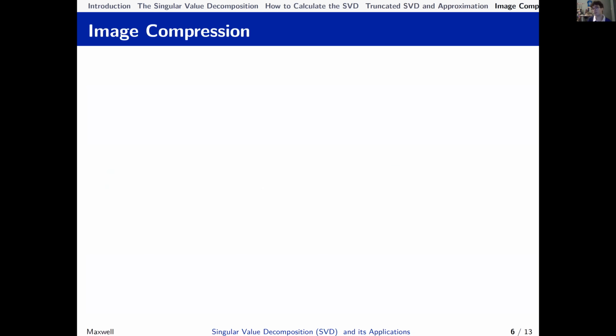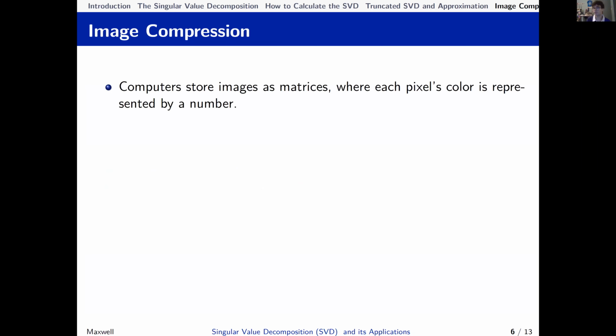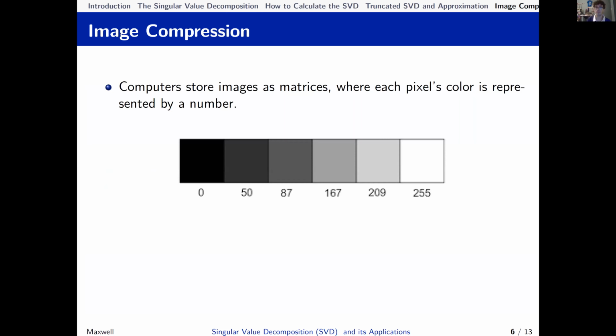And now I'm going to go into some applications that we covered on our project. A really good and intuitive application that will show how powerful the SVD is, is image compression. So first, you have to know that computers store images as matrices, where each pixel's color is represented by a number.